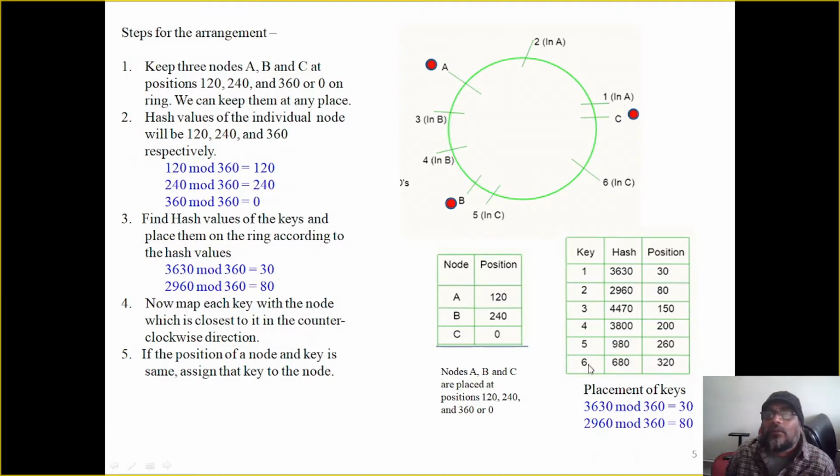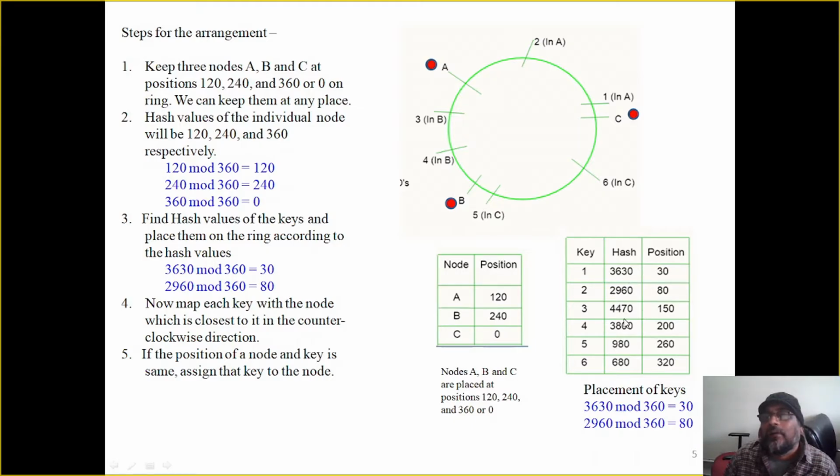Okay, so these keys, basically the 1, 2, 3, I have written for convenience, so we are considering they are the actual values that will be hashed. After hashing we get some value here, and that value corresponds to a position on the ring also, because we have taken mod 360.